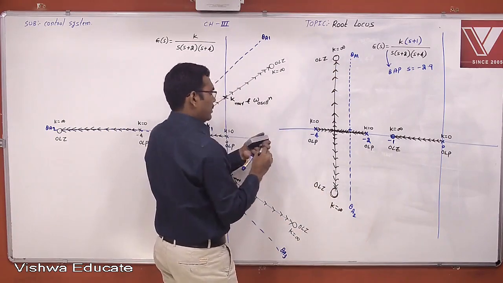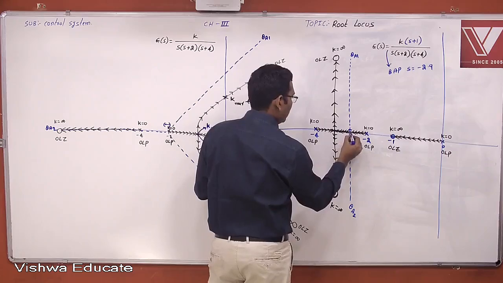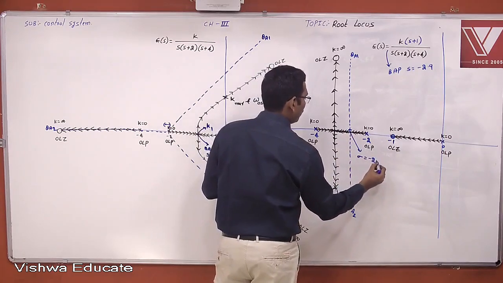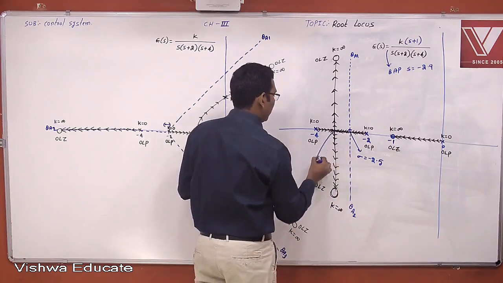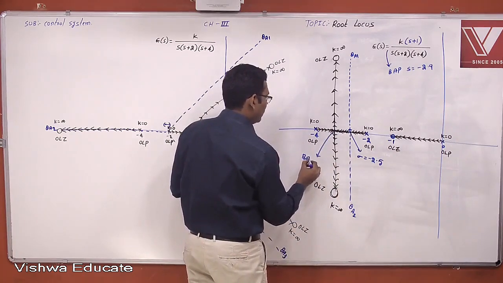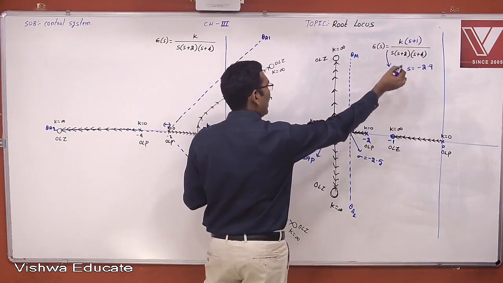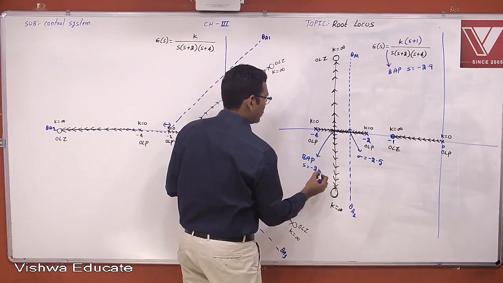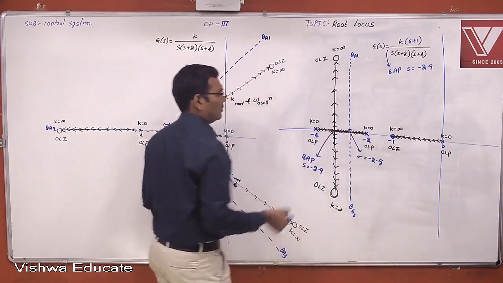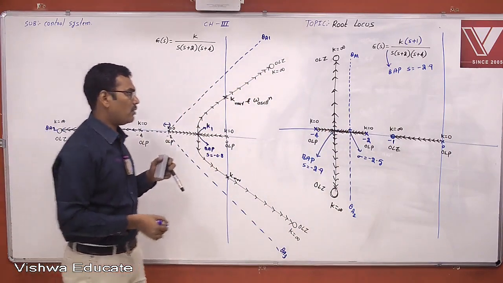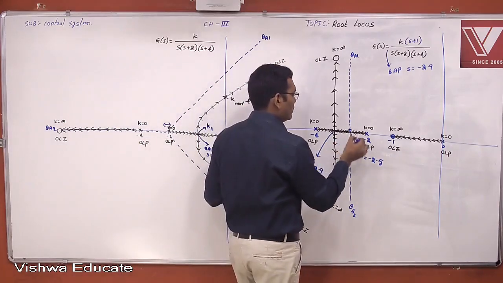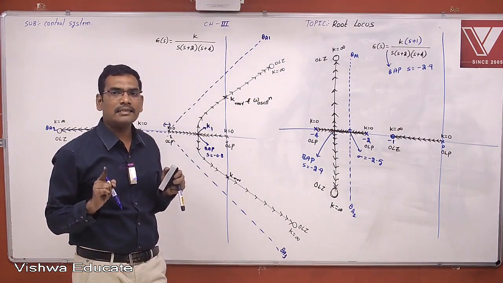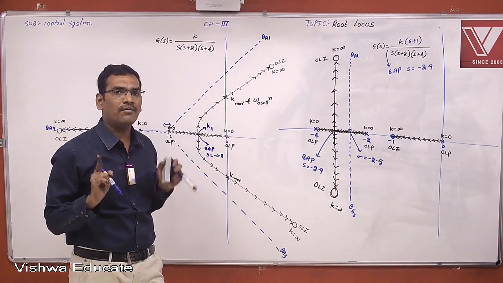And here, this is the centroid sigma. This centroid sigma is -2.5. And this is the breakaway point, which you already calculated. You know the procedure, and you get s equal to -2.9. Now, one doubt: why are you writing here? The centroid is the intersection point of the angles of asymptote.